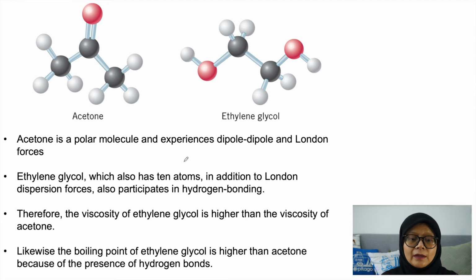Therefore, the viscosity of ethylene glycol is higher than the viscosity of acetone. And the boiling point of ethylene glycol is higher than acetone because of the presence of hydrogen bonds.